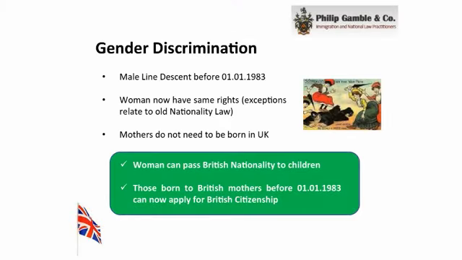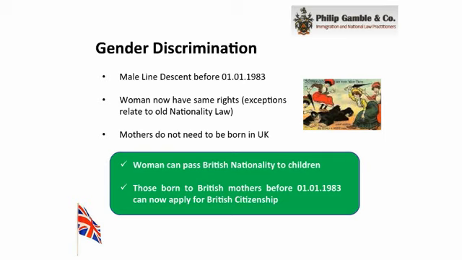Now, there's been much gender discrimination in UK nationality law in the past, and we're going to spend a few minutes talking about the effects of that in the modern day. Up until the 1st of January 1983, it wasn't possible to pass UK nationality from mother to child born overseas, only from father to child born overseas.